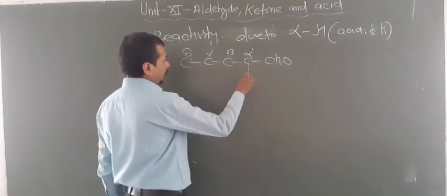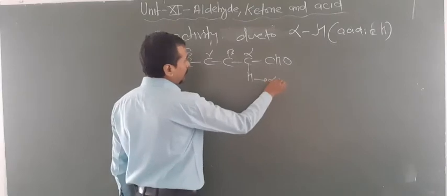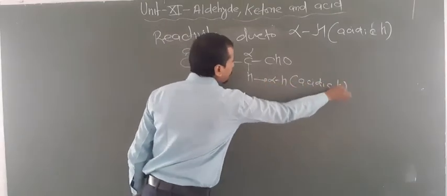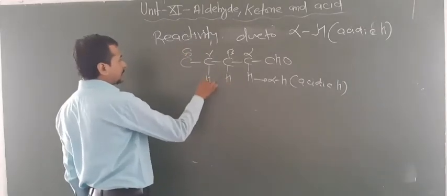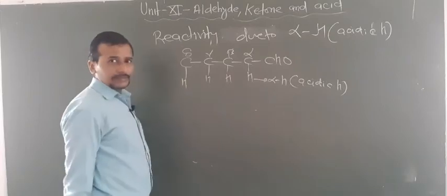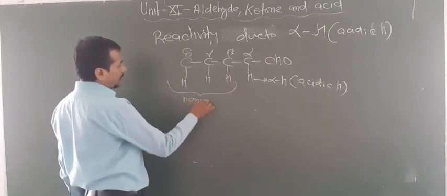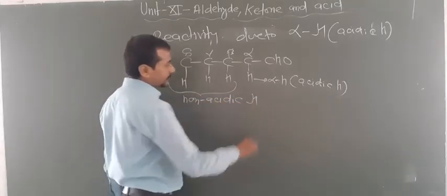Now the alpha carbon has H, so this is known as alpha hydrogen, and this is acidic H. Beta also has H, this also has H, this also has H, but these H are known as non-acidic hydrogen.